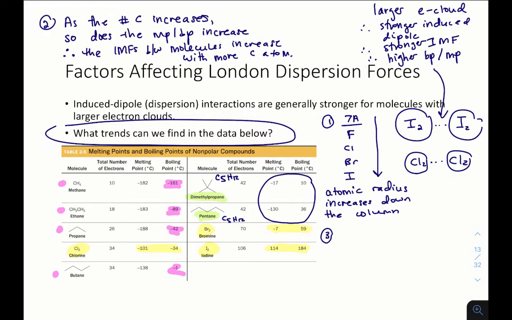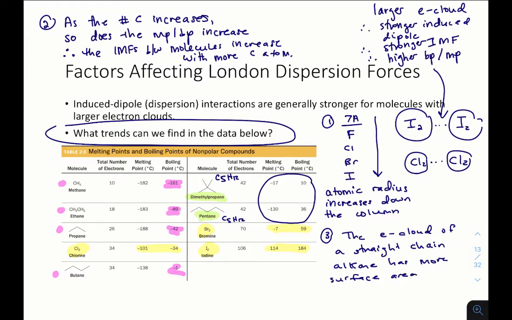We can conclude that there are stronger intermolecular forces of attraction between molecules of pentane since it has a higher boiling point than dimethylpropane. This is because the electron cloud of a straight chain alkane, like pentane, has more surface area and thus more places to make these induced dipole-dipole interactions.